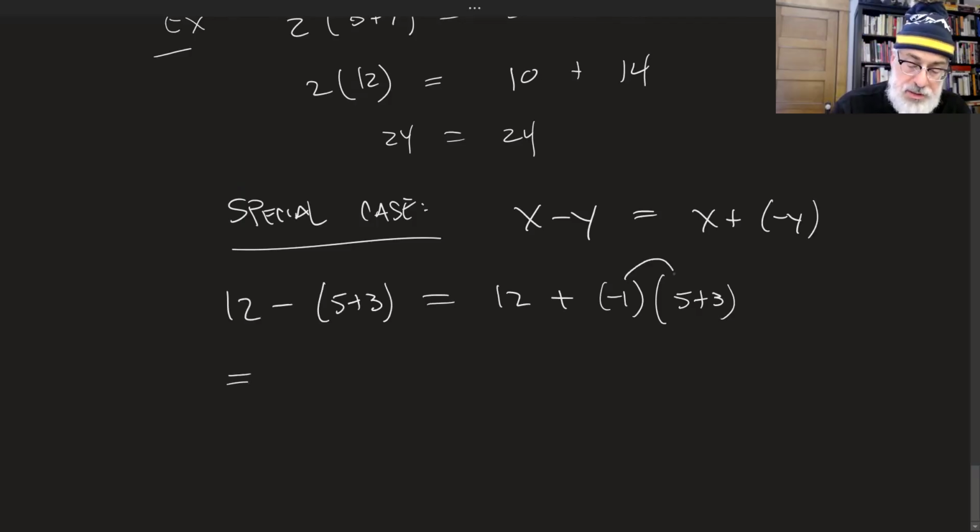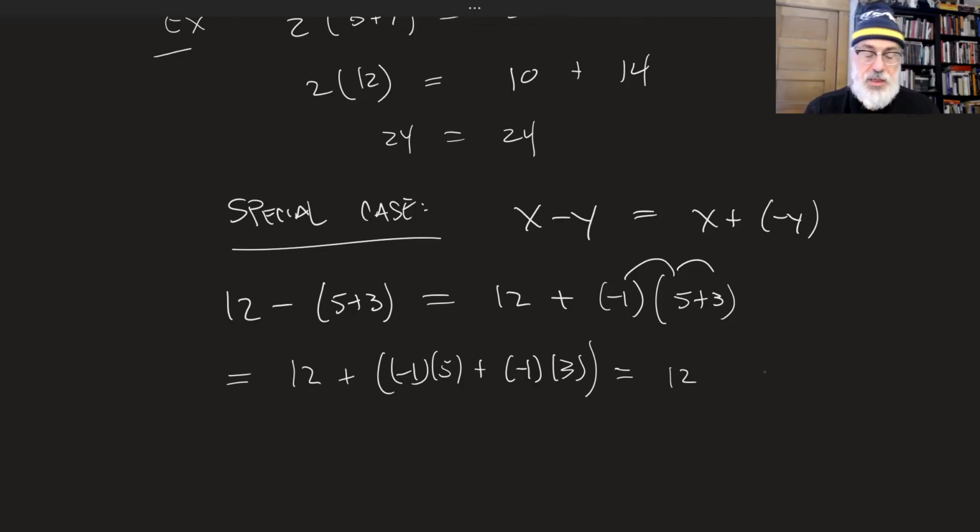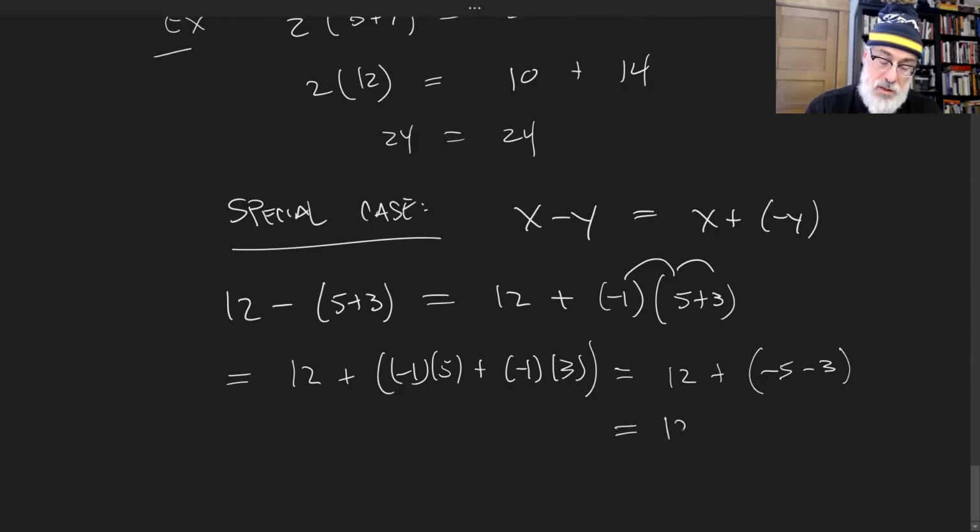And why are we doing this? It's sort of convenient because now I'm going to distribute negative 1 via our rule. What I mean is convenient is if we have a quantity of variables and a number outside, we can distribute. If there is no number and it's a subtraction, then we can distribute that subtraction, so to speak, in the form of negative 1. And then I get negative 5 minus 3, and that is minus 8.